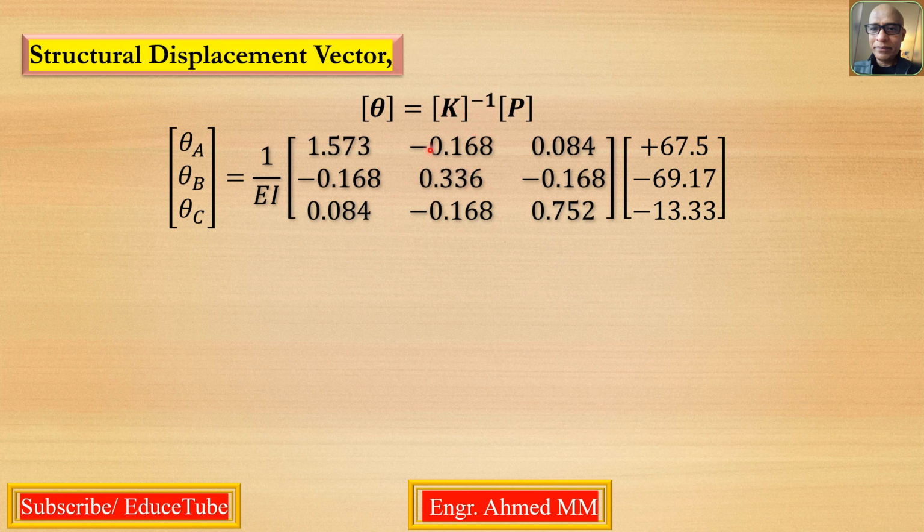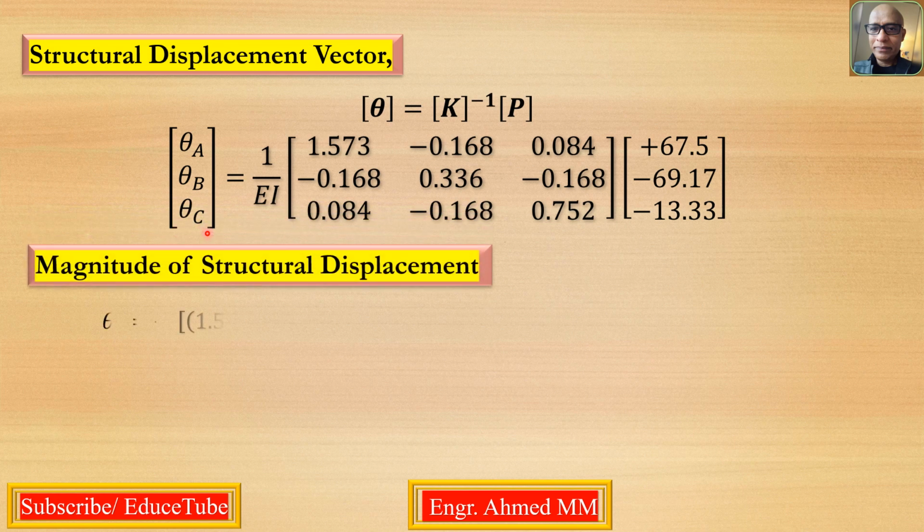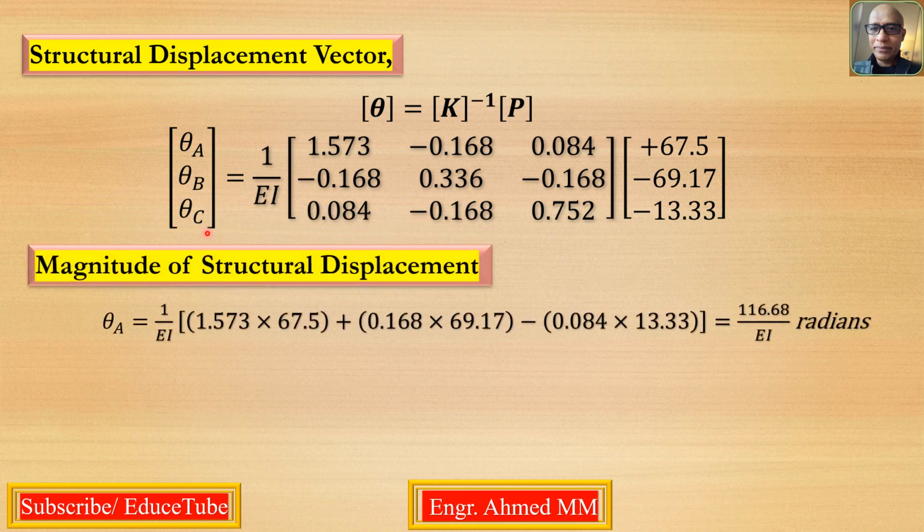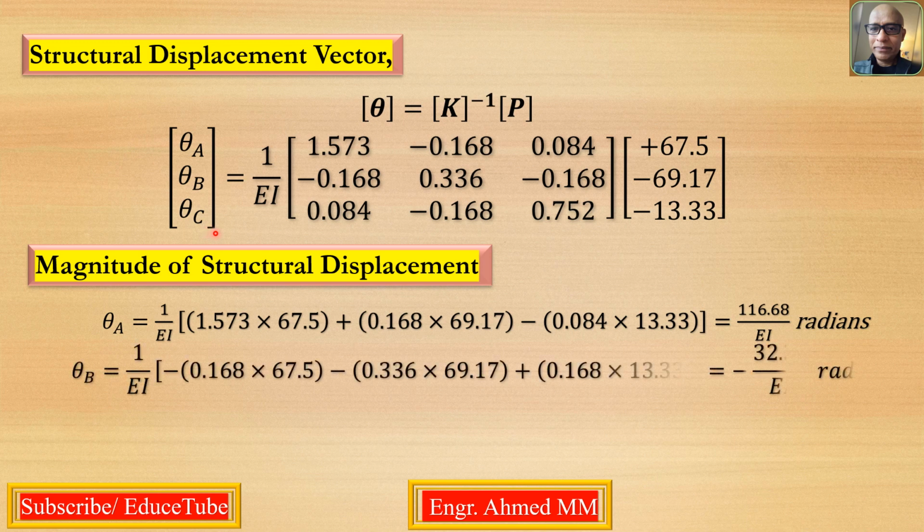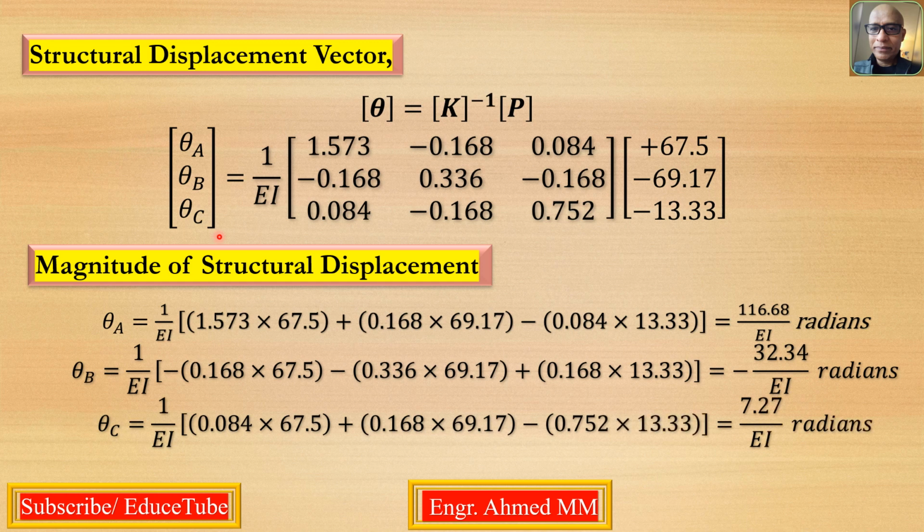We already calculated it in previous slides. This is the load vector, and multiplying these two we get theta A, theta B, theta C. So we got theta A, theta B, theta C in radians. Here I mentioned it is radians.